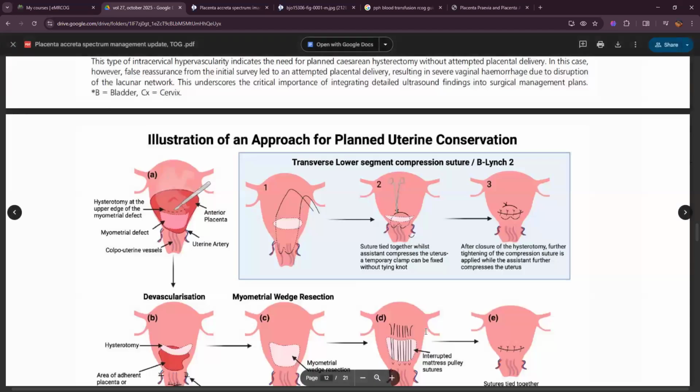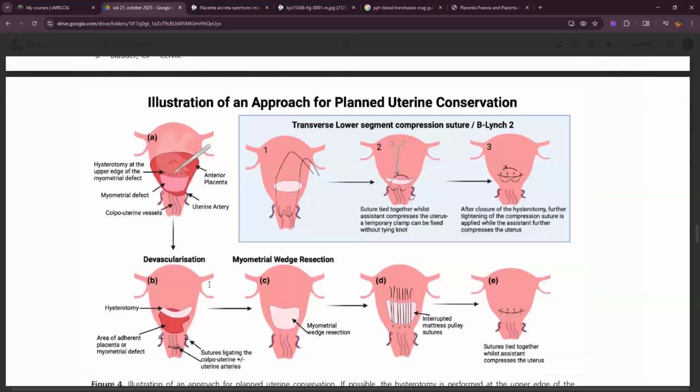So today my aim was to talk to you about different incisions and how to close them and how to do the devascularization. Number one, we are going to open with a little bit of an upward incision than the usual one.